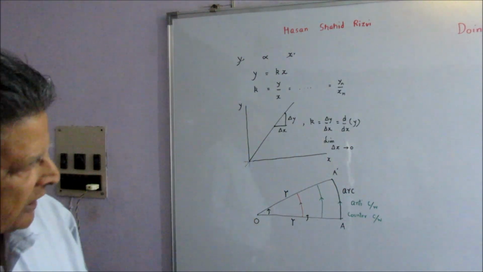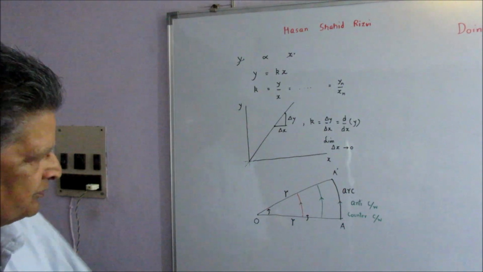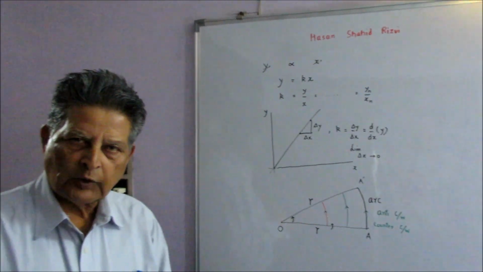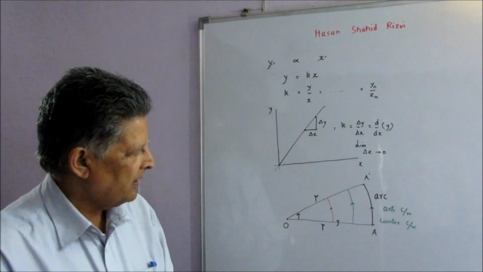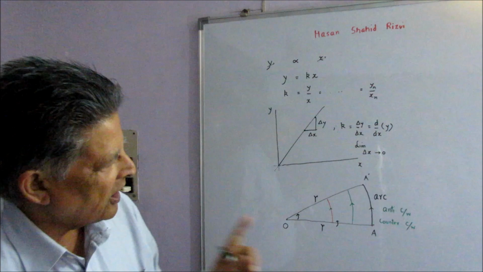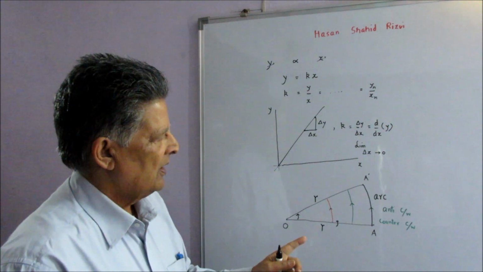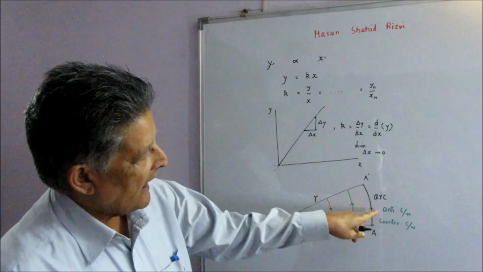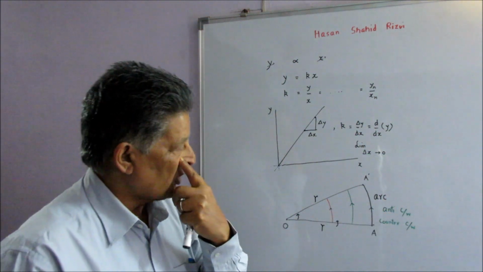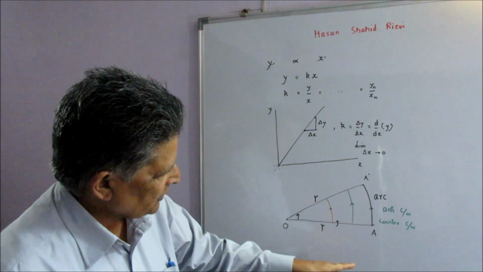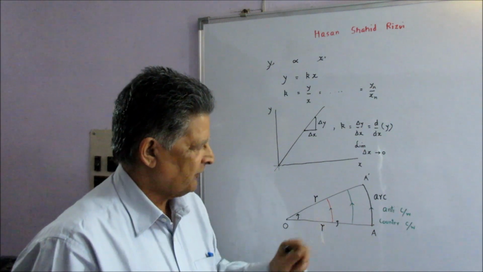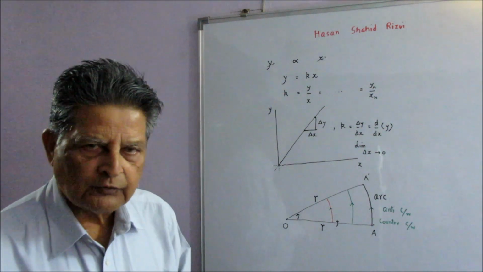Now this kind of a rotation on a plane is called a positive rotation. The opposite, which is clockwise, if the rotation is like this, then it is called a negative rotation.